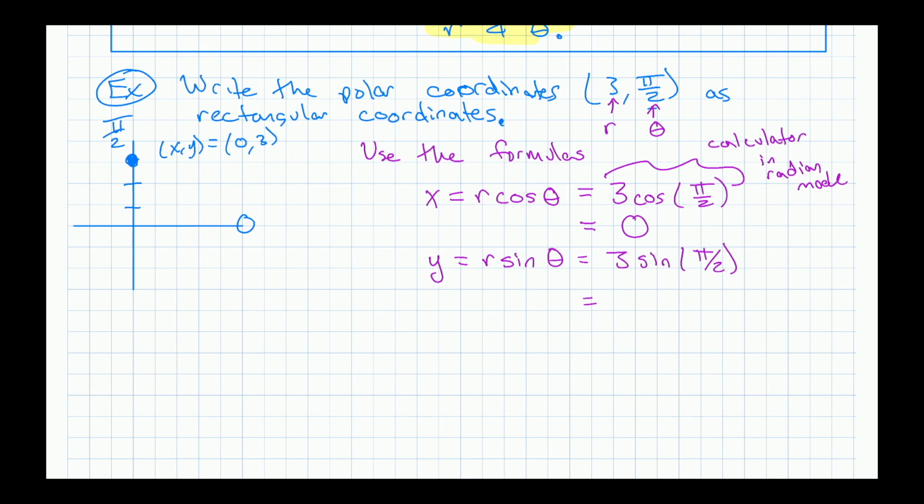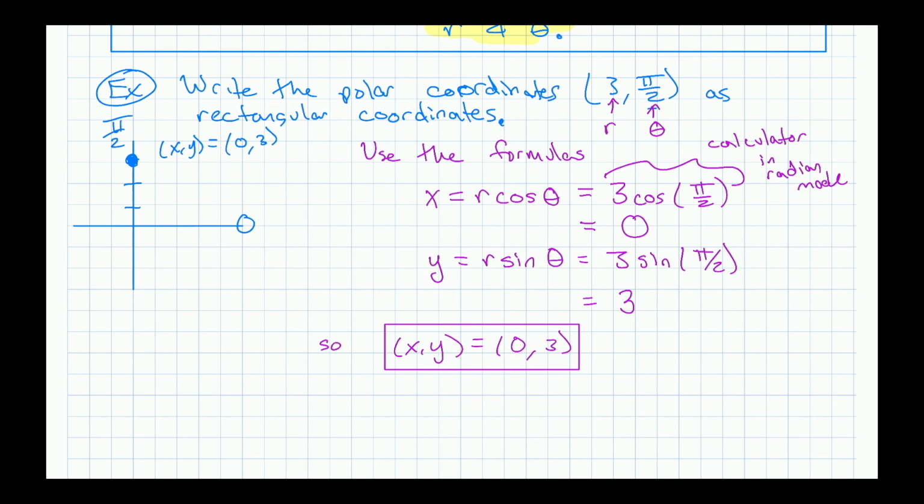Sine of pi over 2 is 1, so you're going to end up with 3 here. So x comma y is going to be 0 comma 3, according to the formula. If you think about it, you could have figured it out because it was a particularly simple problem, or you can use the formulas and just get the numbers right away.